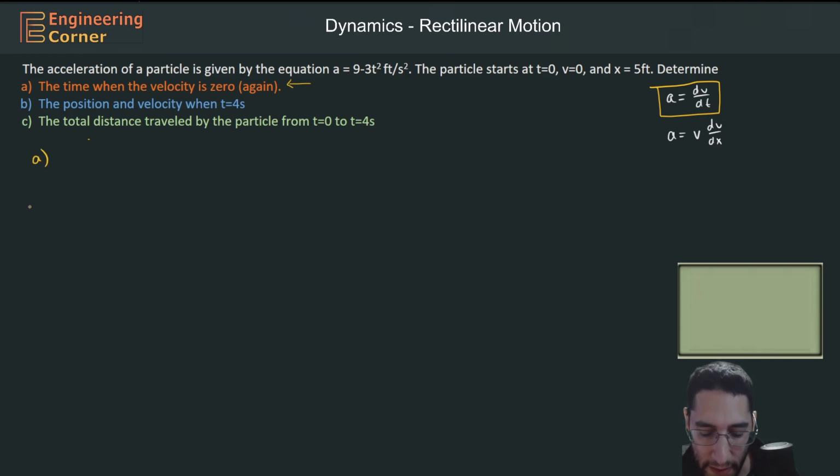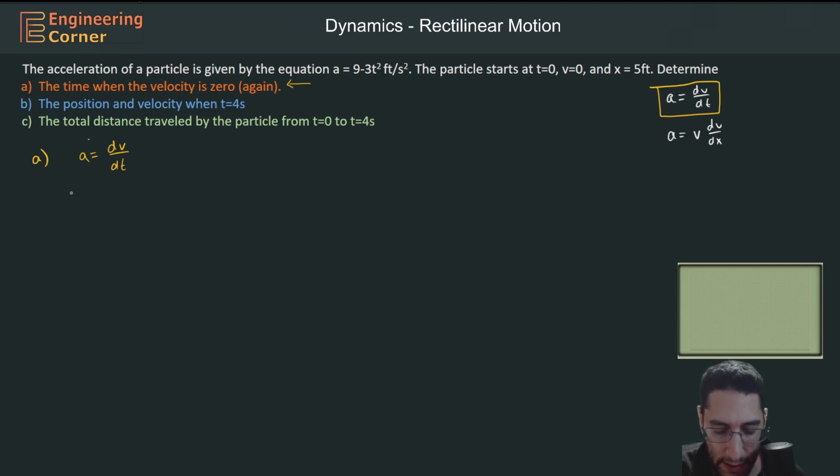So let's start this. We want to figure out the time when our velocity is 0. We know that our velocity is 0 at 0 seconds, but there's going to be other times where we are given a velocity of 0. So let's start by saying that our acceleration is equal to dv dt, and now we're going to plug in the equation we have for acceleration.